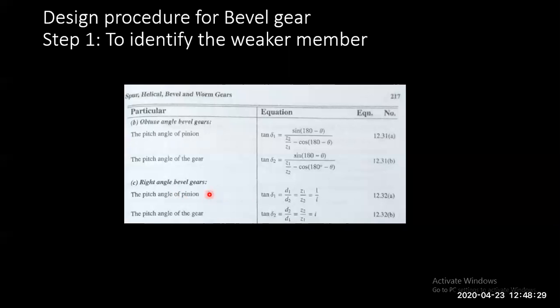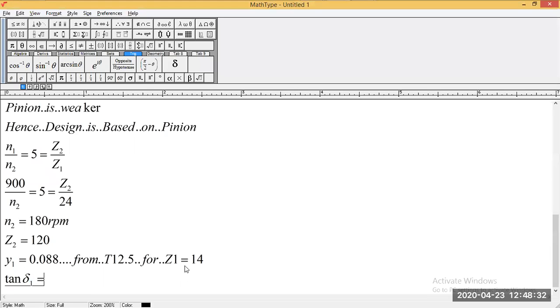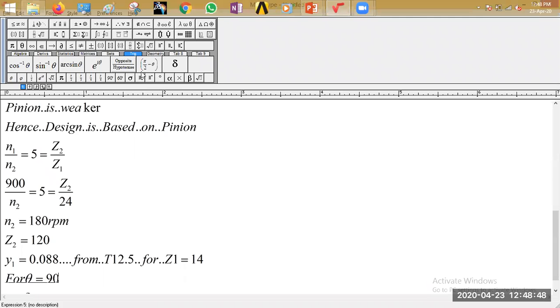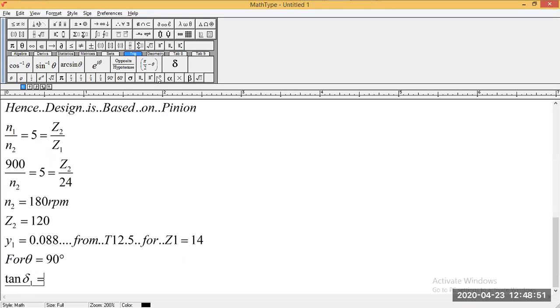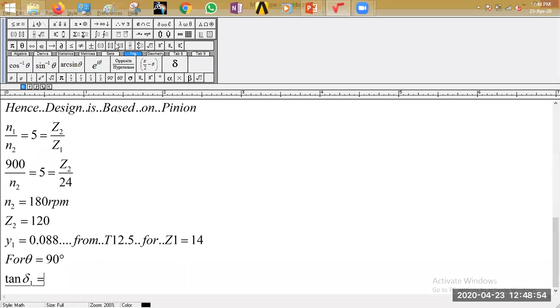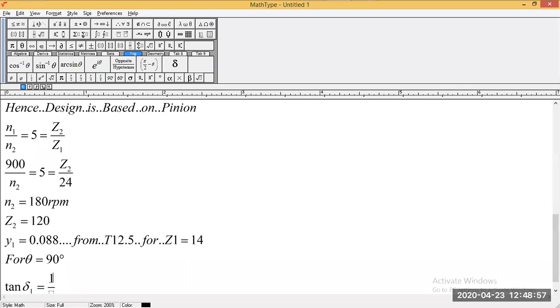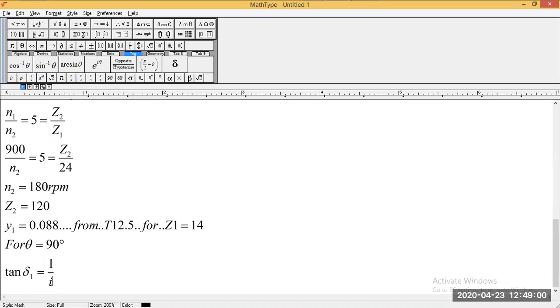For right angle bevel gear, theta equal to 90 degrees, tan delta 1 is equal to 1 over I. 1 over I is nothing but the velocity ratio. So that means it is just 1 over 5.